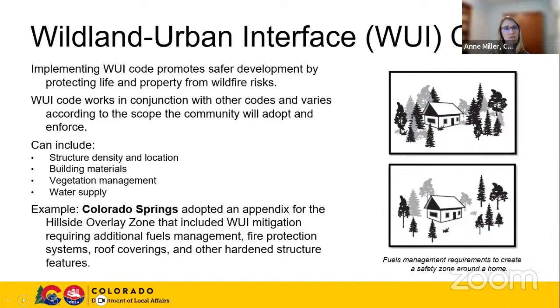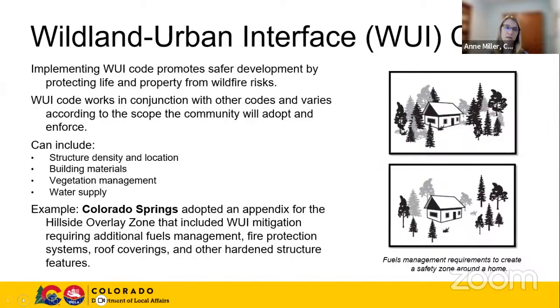So the Wildland Urban Interface Code, there is an international code, so that is available for communities to adopt or tailor as part of the international code, the WUI code.